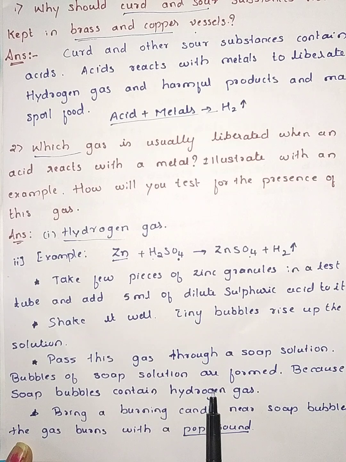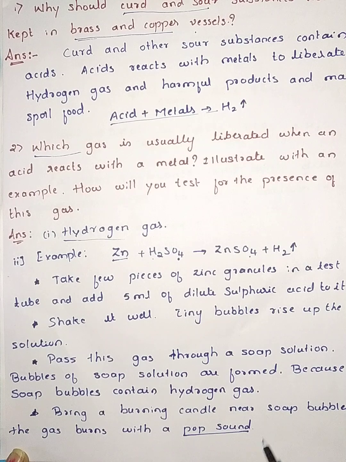When the gas passes through the soap solution, bubbles form. To test this gas, bring a burning candle near the soap bubbles. The gas burns with a pop sound. This pop sound is the test for hydrogen gas.